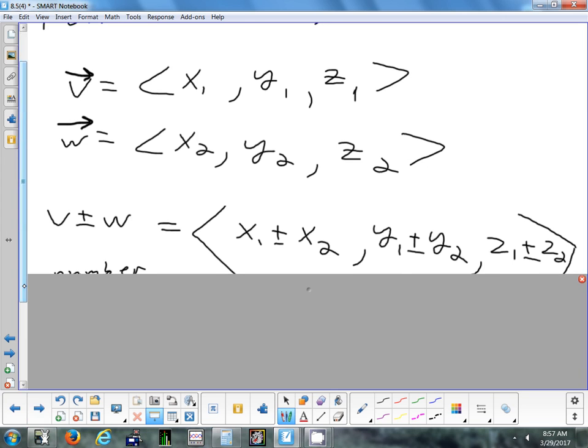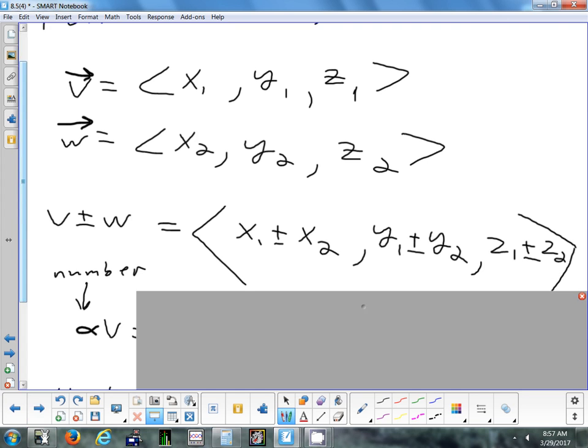Okay, what's another operation that we did in 2D besides adding vectors and subtracting vectors? It was before we did dot product. We scaled them. And scaling works exactly the same way. What did we do when we wanted to scale a vector?